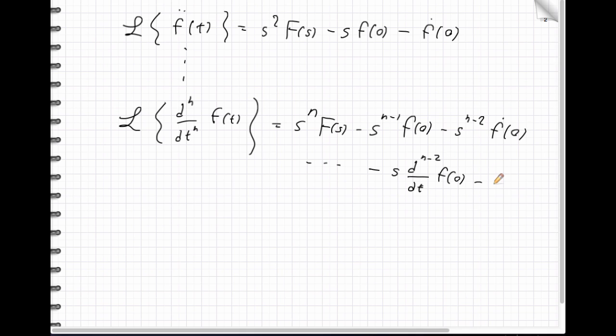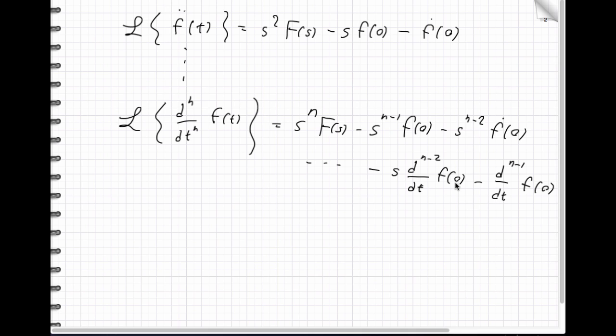The last term will be minus, with no s, the d^(n minus 1) dt f naught, the highest derivative you can go just before n. I can't write n dots up here, so I'm just writing one term, the n minus 2 derivative of f and its initial condition.